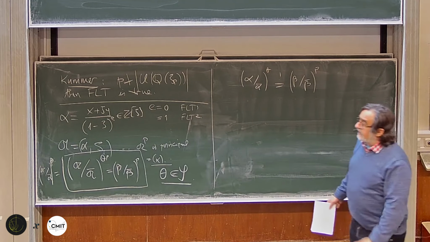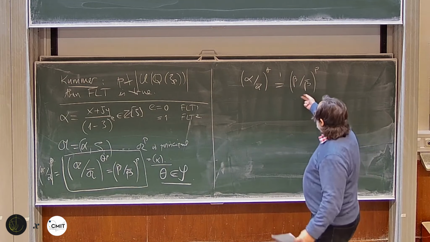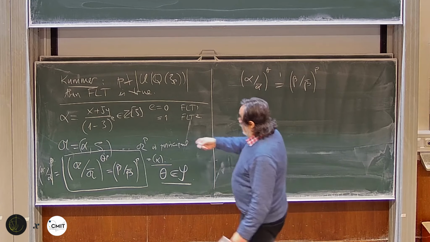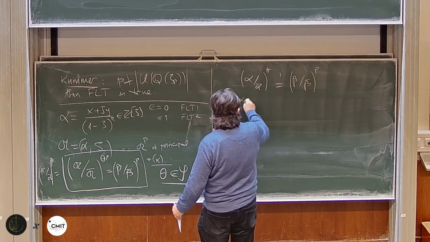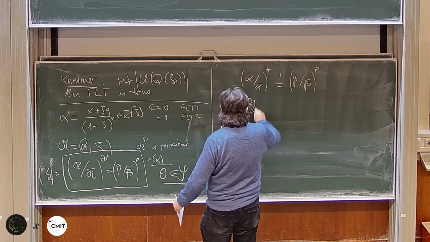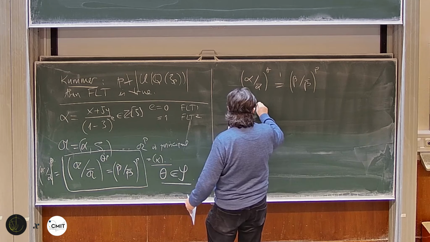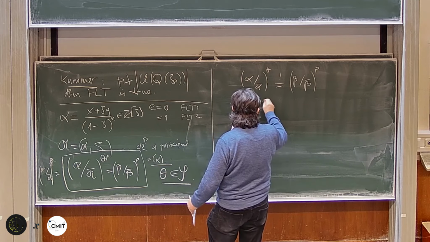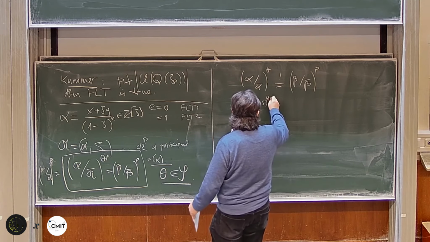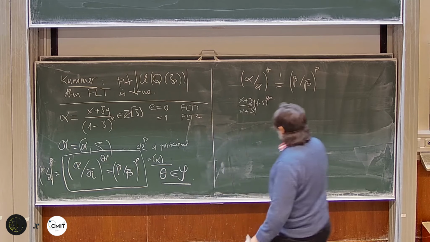And the fact that this right-hand side is a p-th power, whereas alpha, remember, is x plus zeta y over x plus zeta bar y, maybe times something which is nothing else than some root of unity in the case of second Fermat.